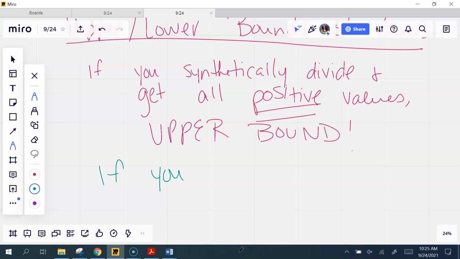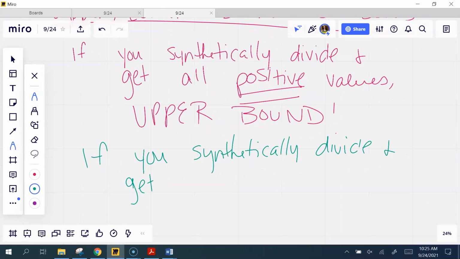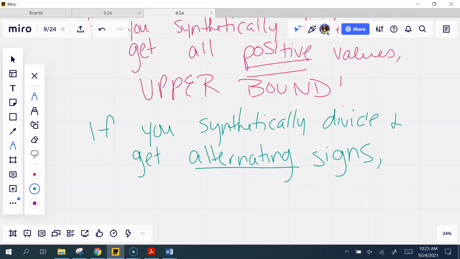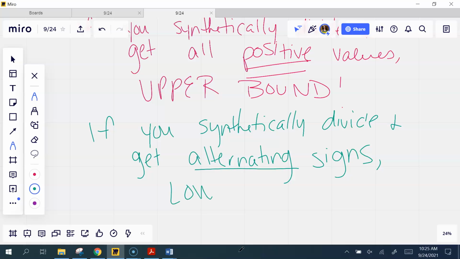If you synthetically divide and get, you would think I'm going to say negative, right? But it's not. Alternating signs. What does that mean? Exactly. Then it's a lower bound.